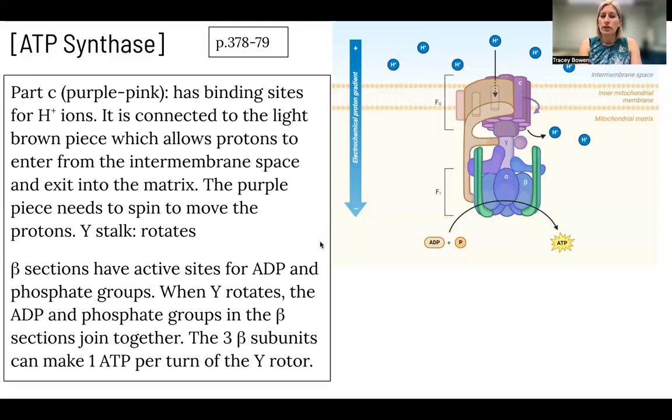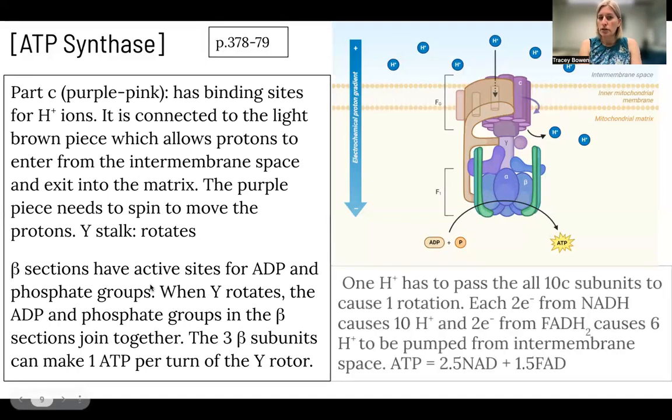There are 3 beta subunits in this section, and they can make 1 ATP per turn of the Y rotor. One hydrogen ion has to pass through all 10 of these C subunits to cause one rotation.